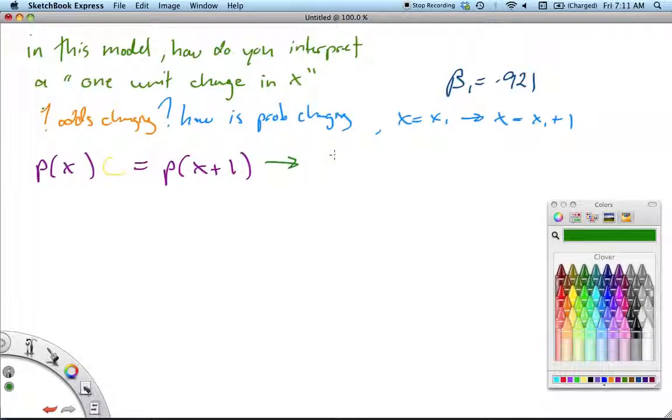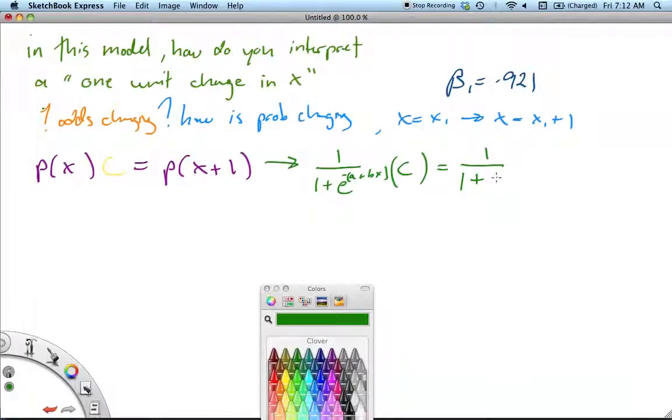So I want to say that this is 1 over 1 plus e to the minus a plus bx times some constant c should be equal to 1 over 1 plus e to the minus a plus b x plus 1.